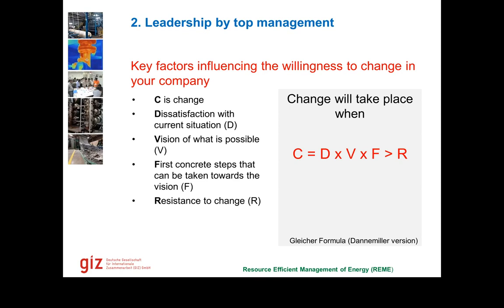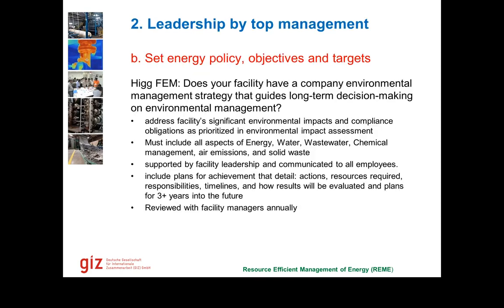whenever we are trying to bring about any change. In the leadership by top management, the top management has to set a very clear policy, set the objectives or goals to achieve, and set measurable targets. The Facility Environment Module in the environmental management section asks a factory if the facility has a company environmental management strategy that guides long-term decision making on environmental management.